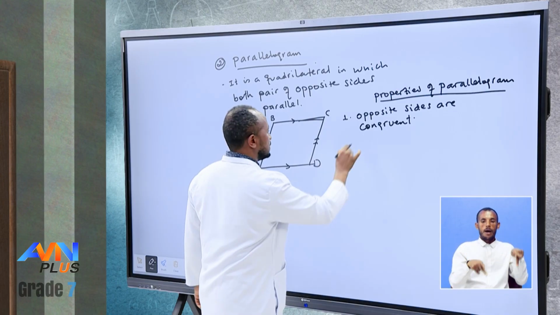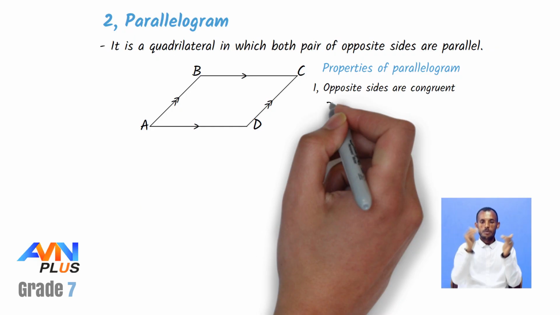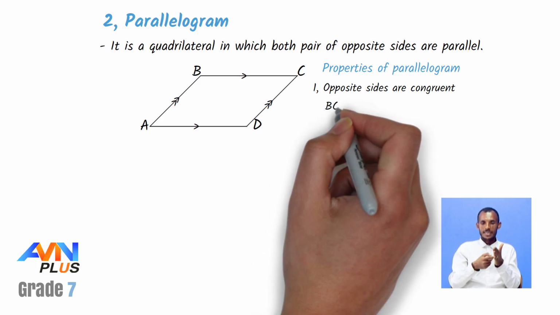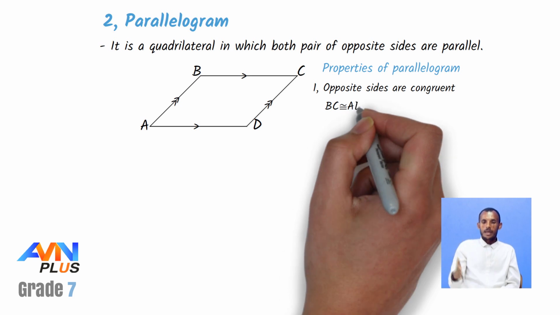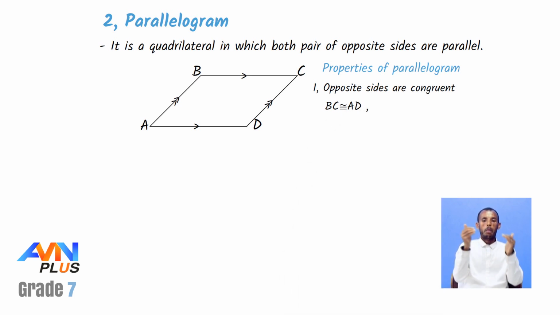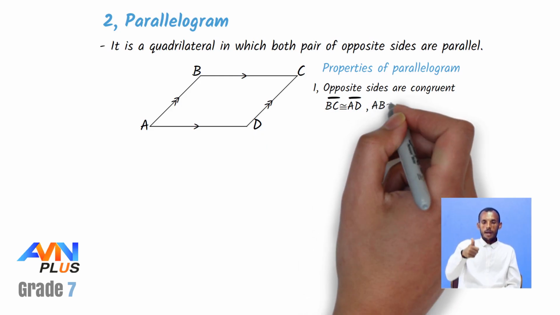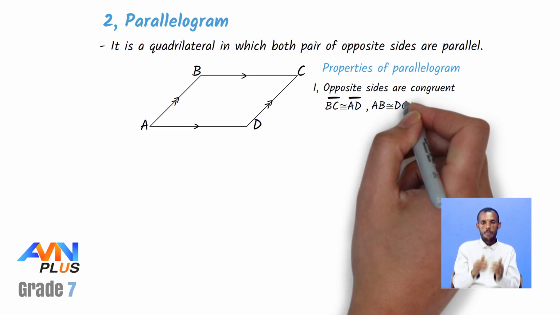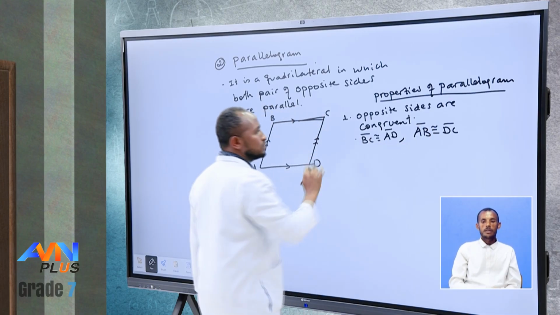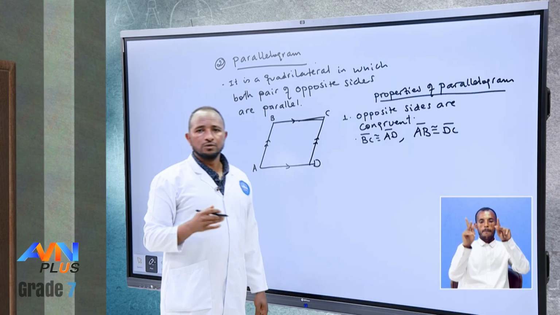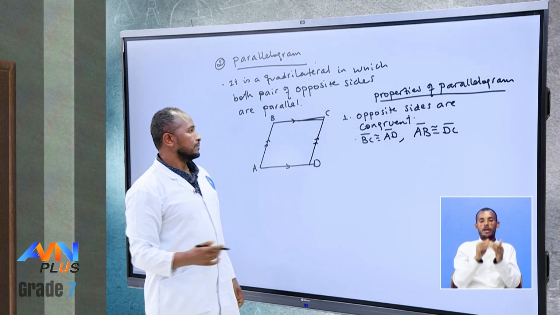That is, here side BC is congruent to side AD, they are equal. Again, side AB is congruent to side DC. So the opposite sides of a parallelogram are congruent or equal in length.